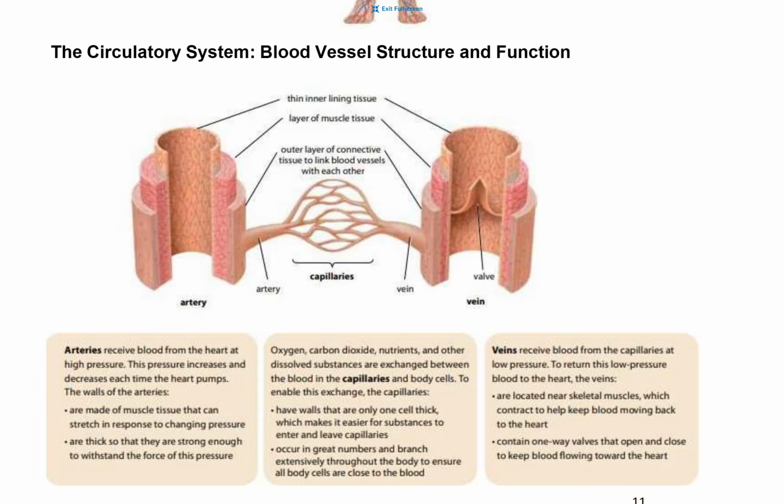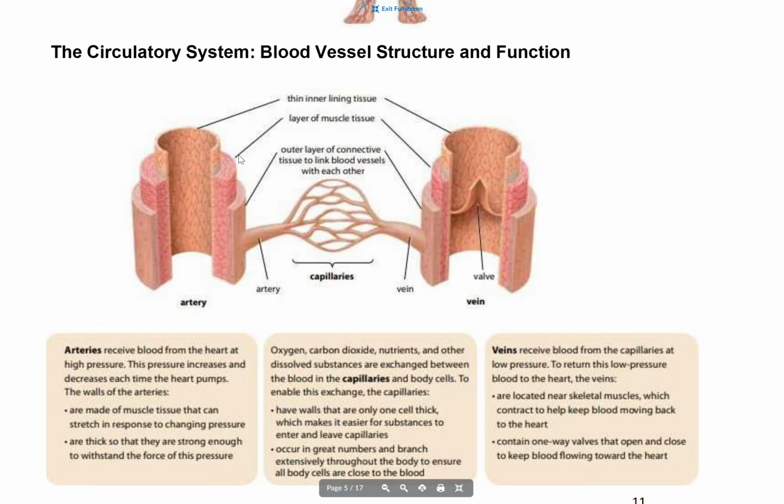But there are some differences between arteries and veins. So arteries and veins both have 3 layers of tissue making the walls of the arteries, right? So inside we have this thin inner lining tissue, right? Lining tissue is called epithelial tissue, right? Any sort of skin tissue or lining tissue inside and outside of your body is called epithelial tissue, right? And its job is just to maintain a barrier between the tube and the blood.